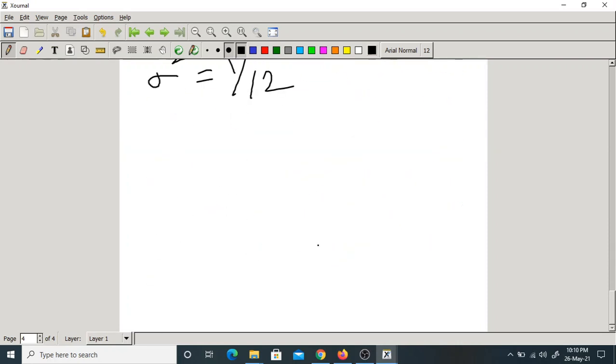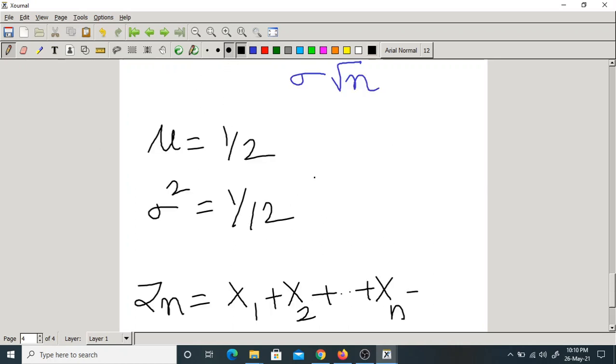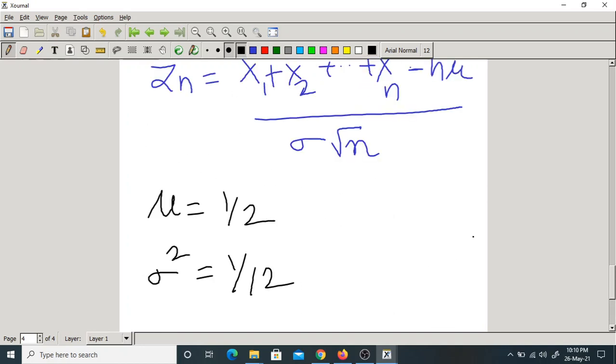Now what does Zn become if all are uniformly distributed random variables? It is (x1 plus x2 plus so on xn minus n into mu), but mu is 1 by 2, so n by 2, divided by the square root of sigma square n. I am taking this sigma inside the square root.